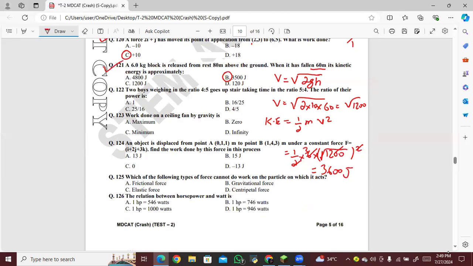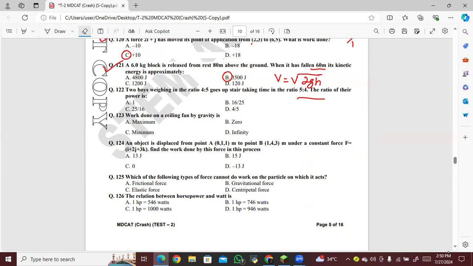Two bodies weighing in the ratio 4:5 go upstairs, taking time in the ratio 5:4.